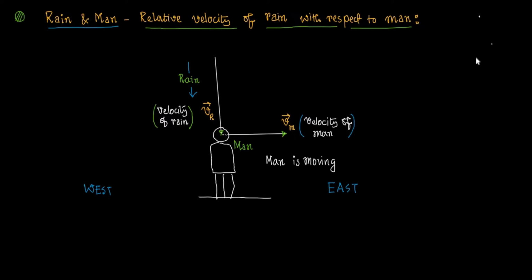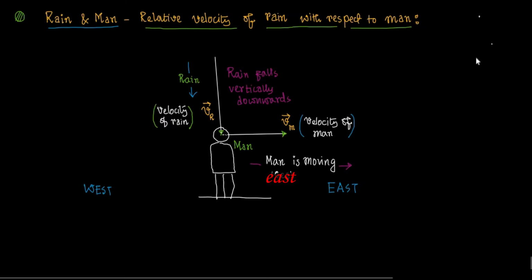The man is moving towards the right, and the rain falls vertically downwards with the velocity vector vr.